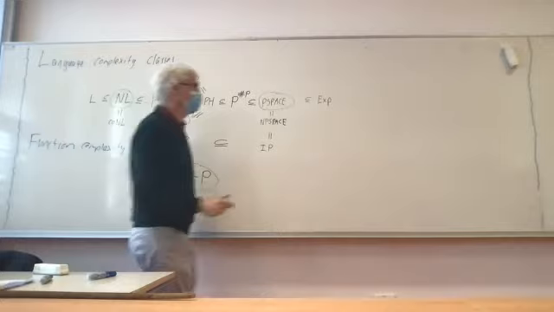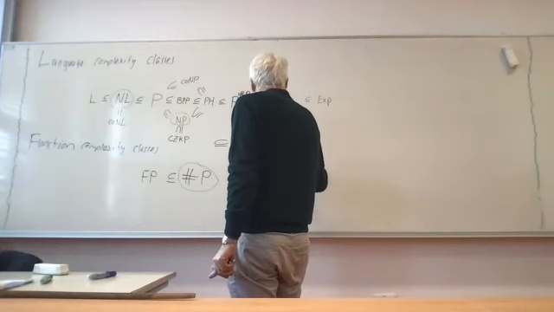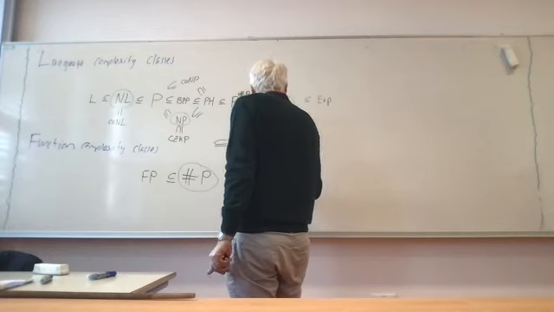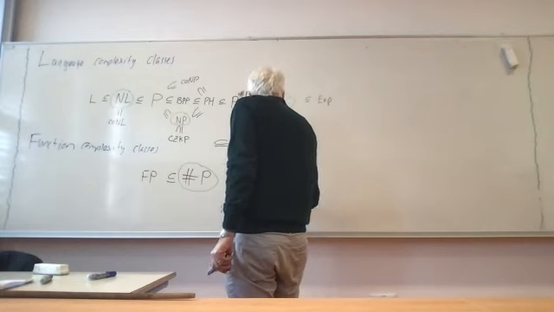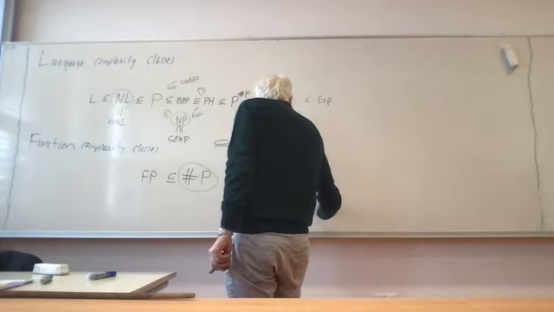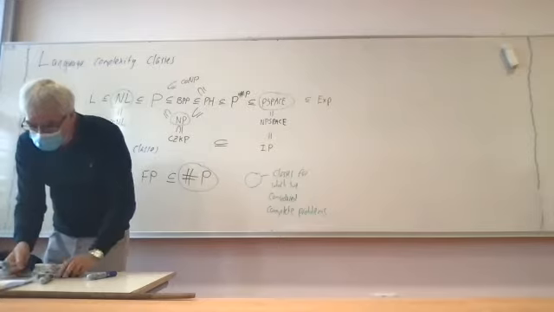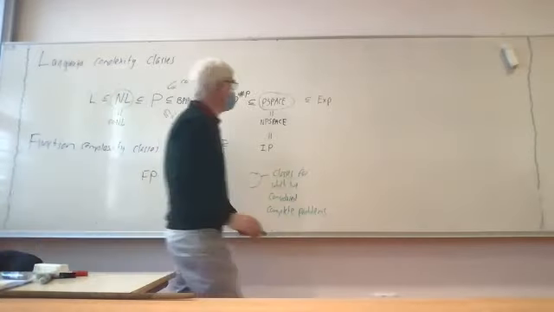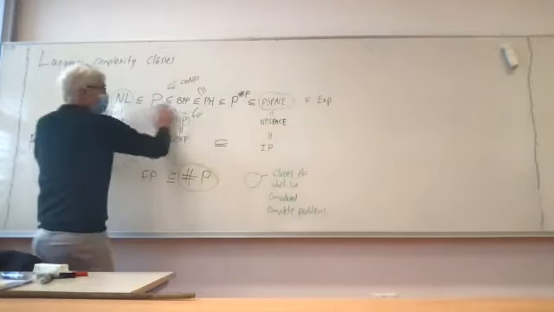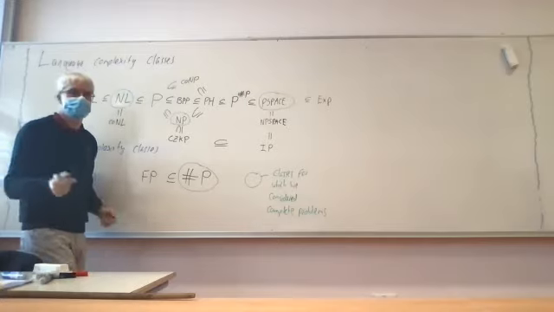So these are classes for which we consider complete problems. The amazing thing about this picture, there are lots of inclusions and very few of them are known to be strict.